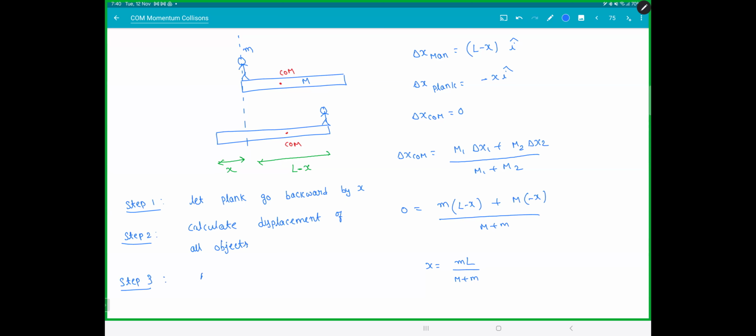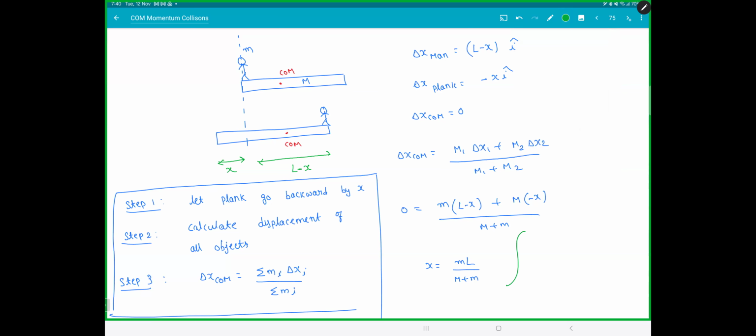Step 3, use this formula. Delta x center of mass is sigma mi delta xi by sigma mi. There. These are the 3 steps you need to use to solve.